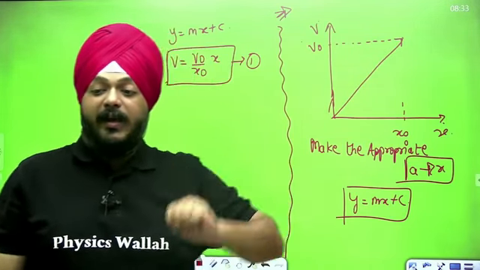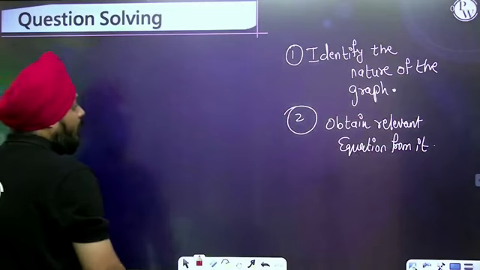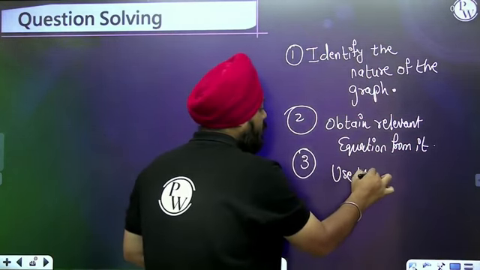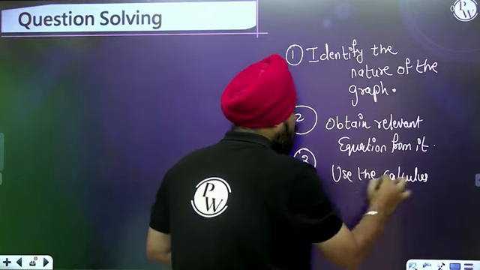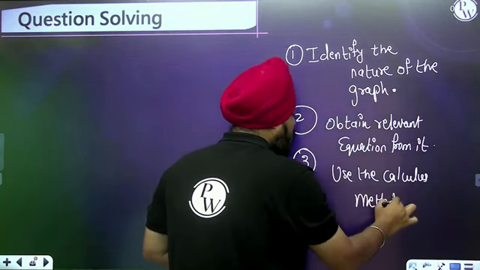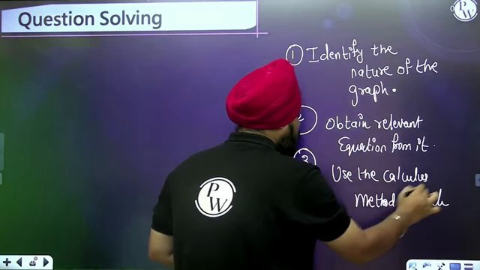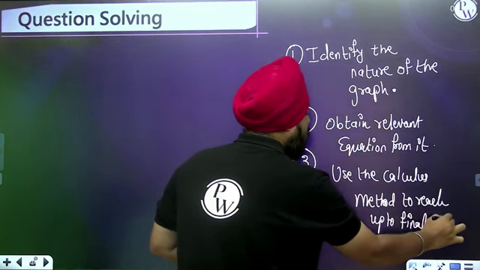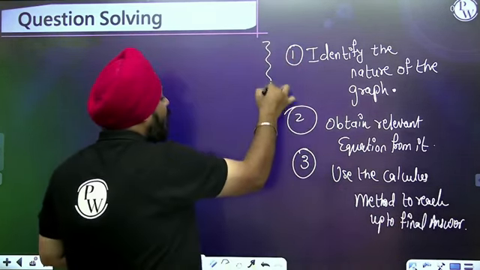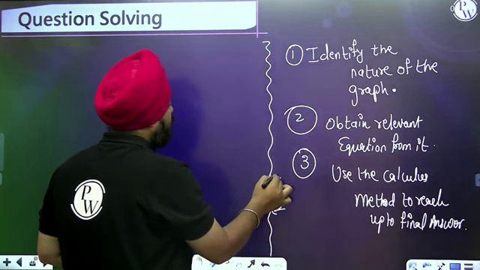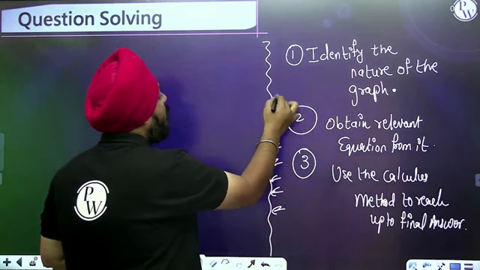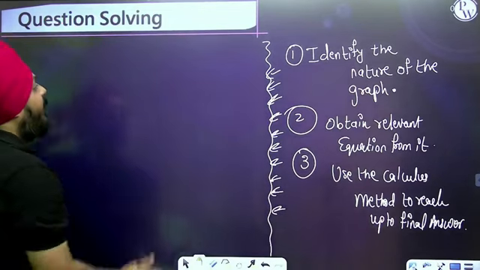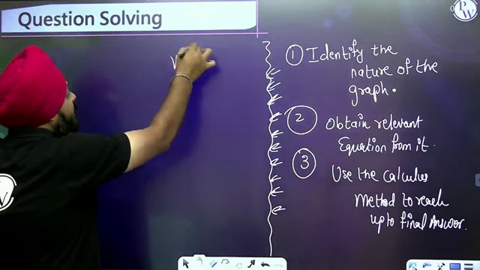Step 3, use the calculus method. Now suppose we obtain the relation v versus x.